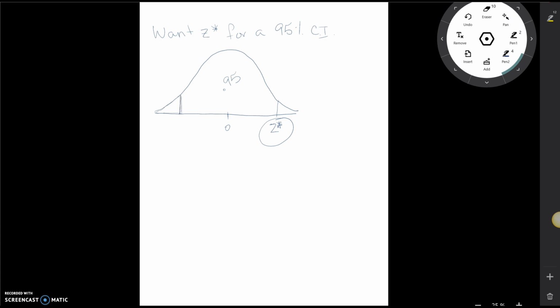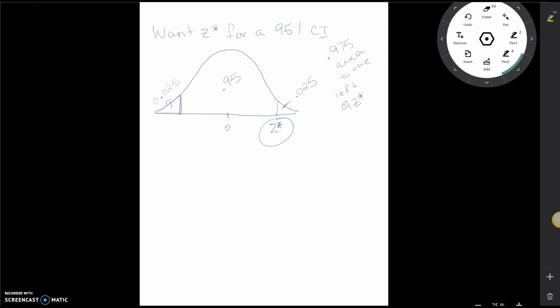Well, if 0.95 is in the center, then we know that 0.025 has to be in each of the tails. So in other words, there is 0.975 area to the left of z star.